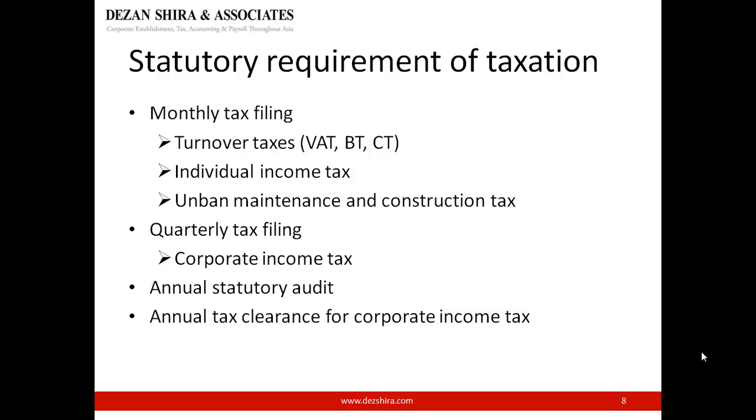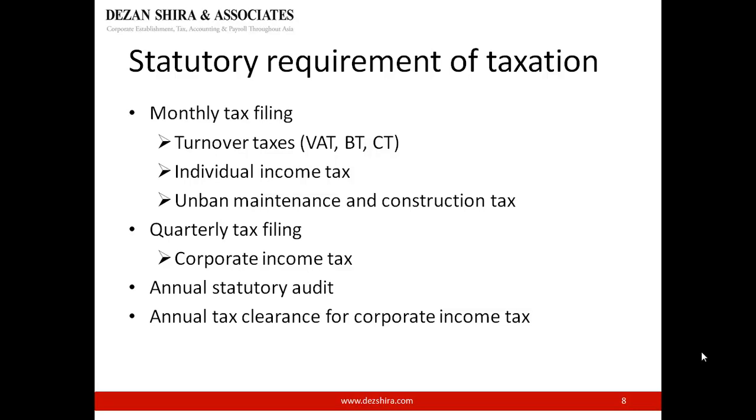And at the end of each year, you should do an annual audit. And based on the annual audit, you need to report your corporate income tax again to the tax authority, which we call the annual tax clearance. So this is the general steps for China taxation. Make sure you know all the taxes you need to pay in China and all the steps you need to follow in order to be compliant with the tax law.